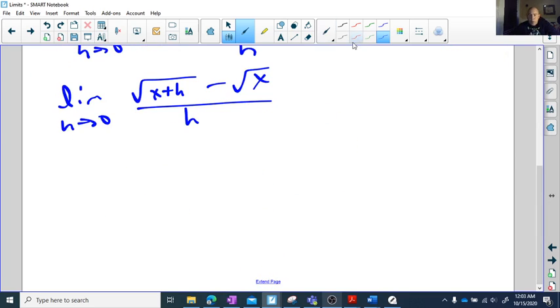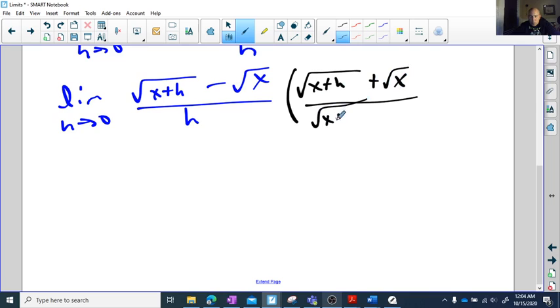So now we draw upon our knowledge of limits. This is indeterminate because if h went to 0, I'd have root x minus root x, which is 0, over h, which is 0. Well, we've seen this situation before. We're going to rationalize. Square root of x plus h plus the square root of x, over square root of x plus h plus the square root of x.